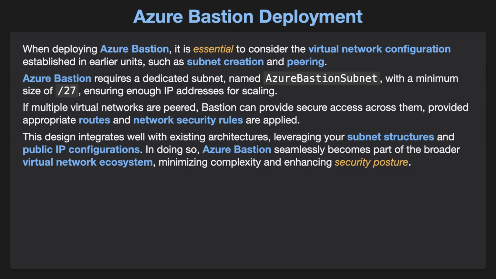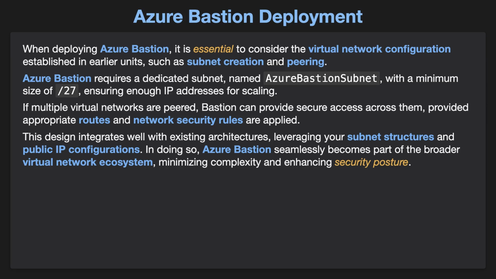When deploying Azure Bastion, it is essential to consider virtual network configuration established in earlier units, such as subnet creation and peering. Azure Bastion requires a dedicated subnet, named AzureBastionSubnet, with a minimum size of /27, ensuring enough IP addresses for scaling.